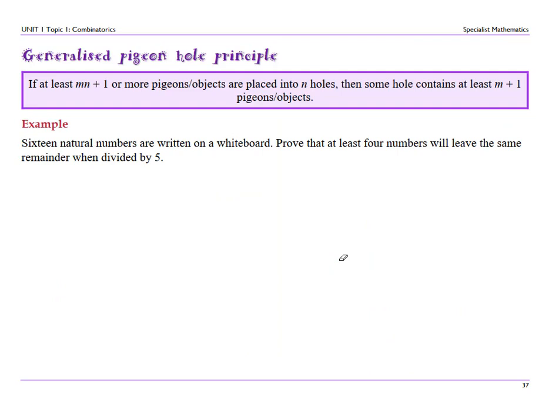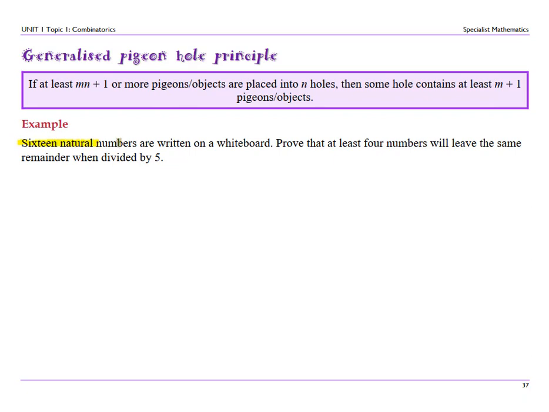Now let's look at the generalized pigeonhole principle. If at least m times n plus 1 or more pigeons or objects are placed into n holes, then some hole contains at least m plus 1 pigeons or objects. So let's look at an example.